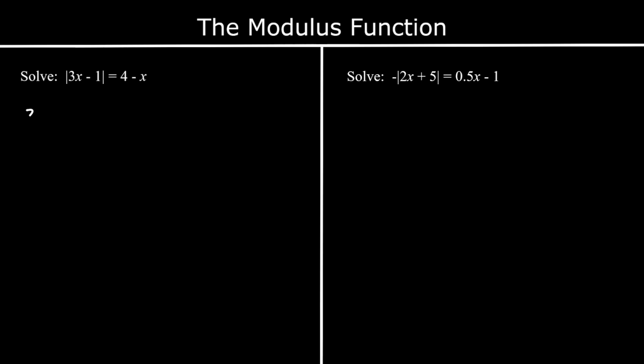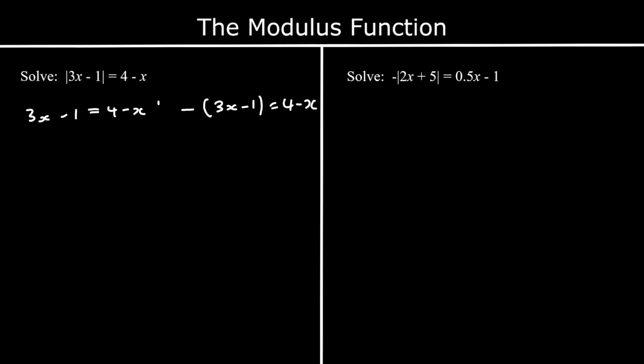So we can find where 3x minus 1 crosses 4 minus x, and we can find where the negative version, negative 1 times 3x minus 1, is equal to 4 minus x as well. And then we'll just check that they work afterwards.